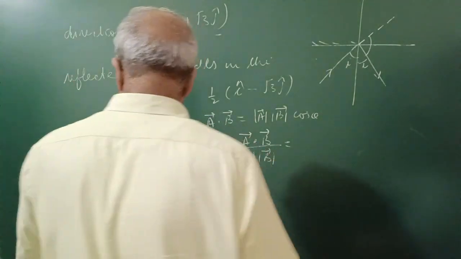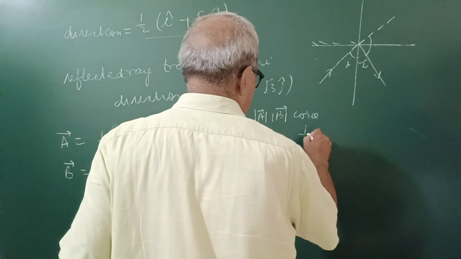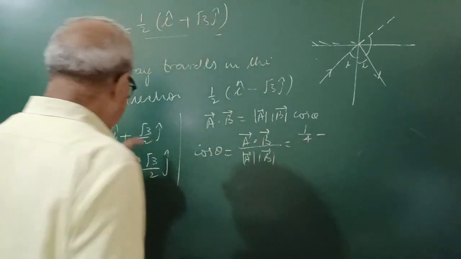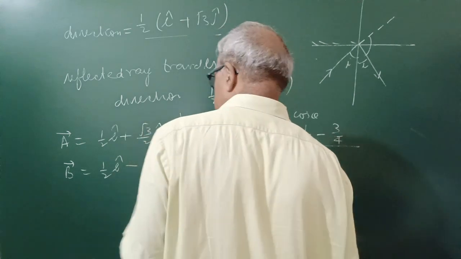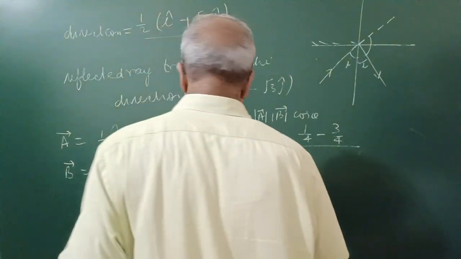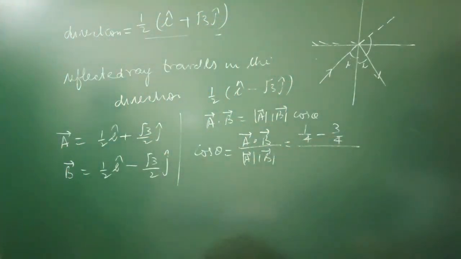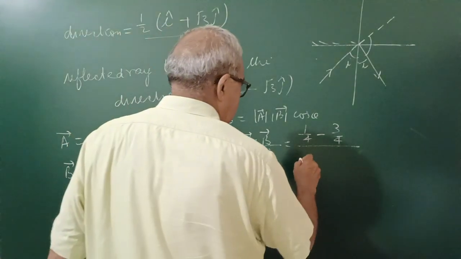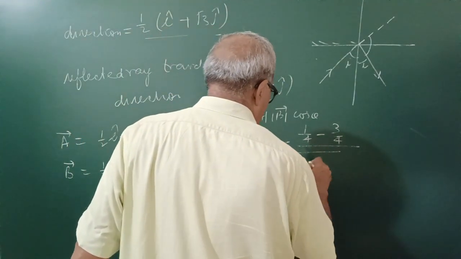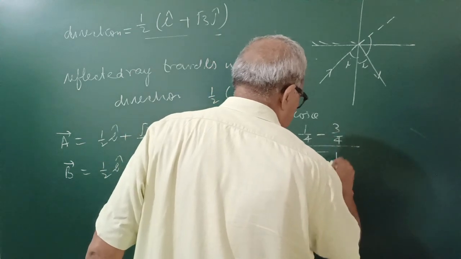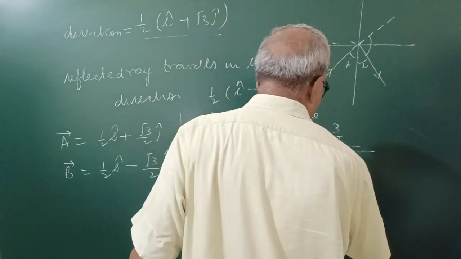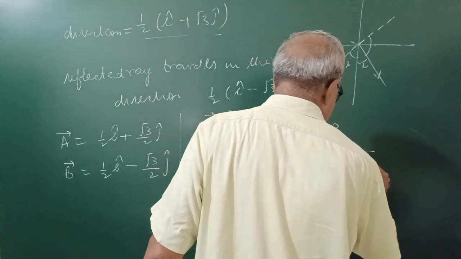So it is equal to this into this, 1 by 4 minus 3 by 4, upon modulus A, which is under root 1 by 2 square plus root 3 by 2 square, 1 by 4 plus 3 by 4, into under root 1 by 4 plus 3 by 4 again.